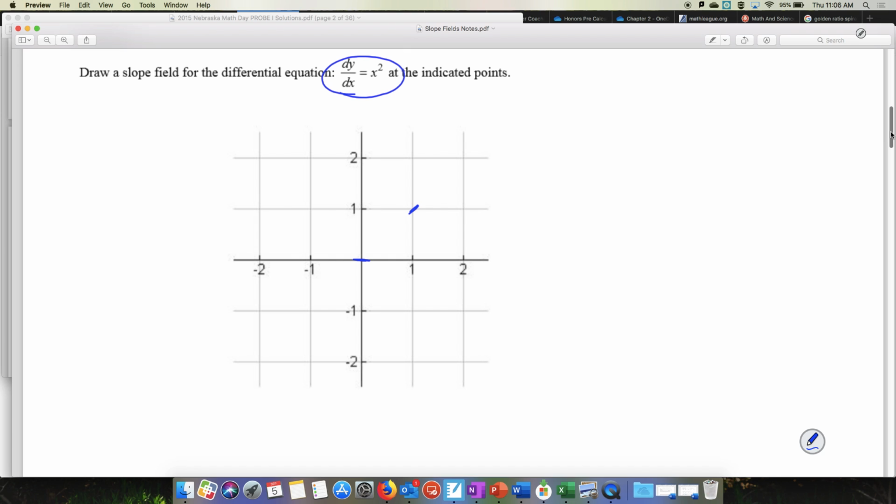Okay. Does your slope field look like my slope field?